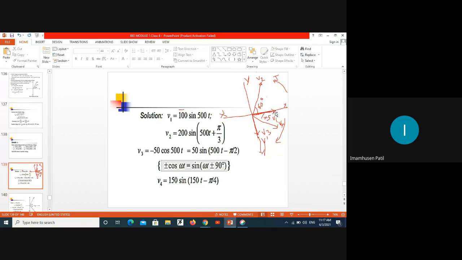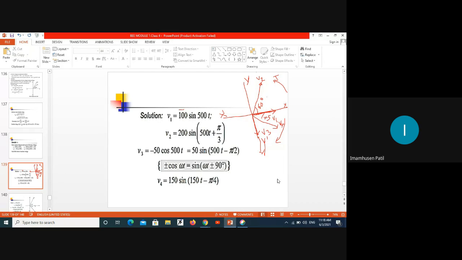Omega t plus 0. It is not leading or lagging. Its angle is 0. So 100 sine 0.